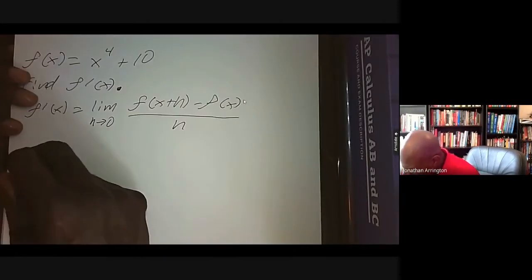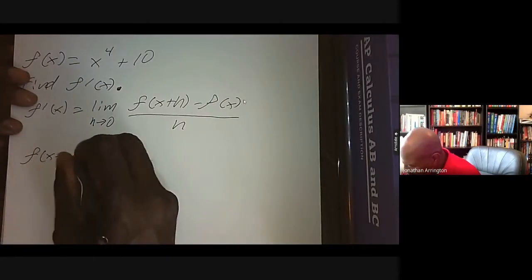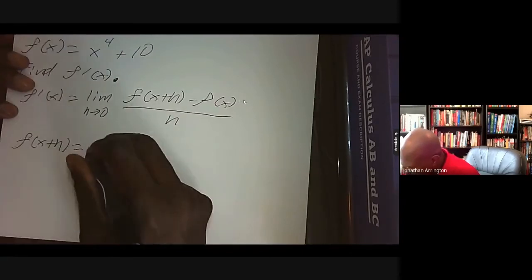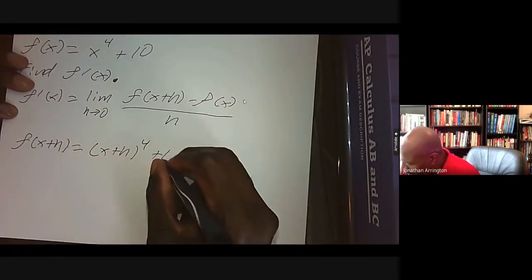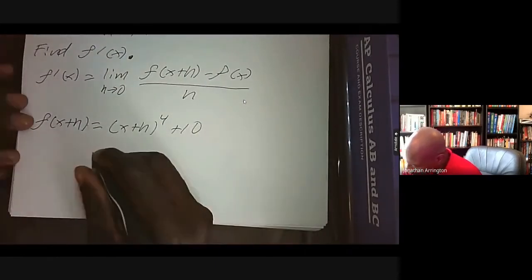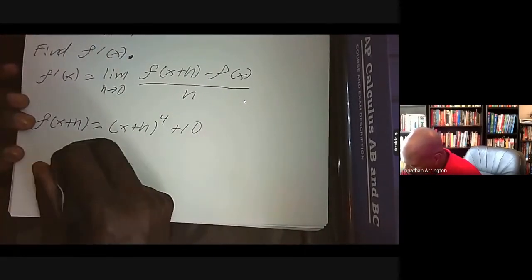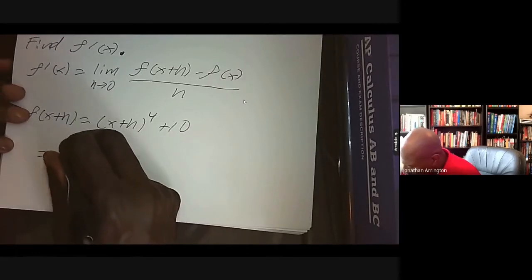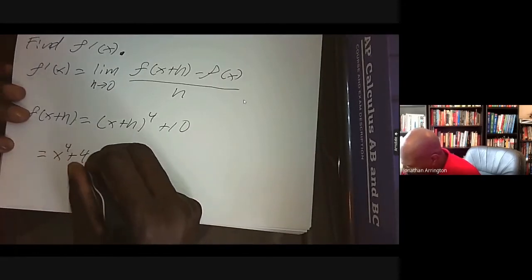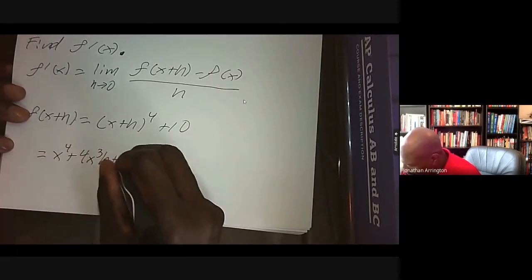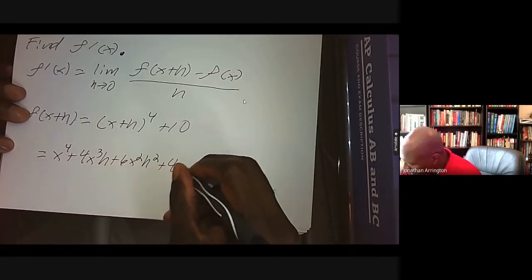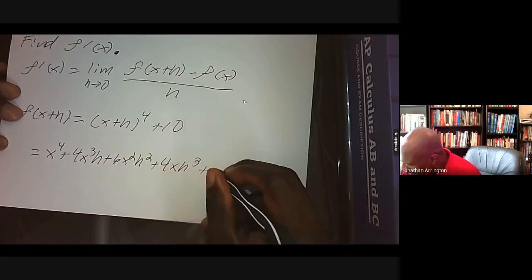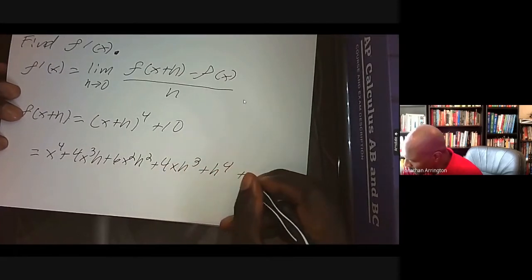So I need to find f of x plus h, which would be x plus h to the 4th plus 10. And so that would be, I'm going to give myself a little bit of room, x to the 4th plus 4x cubed h plus 6x squared h squared plus 4xh cubed plus h to the 4th plus 10.